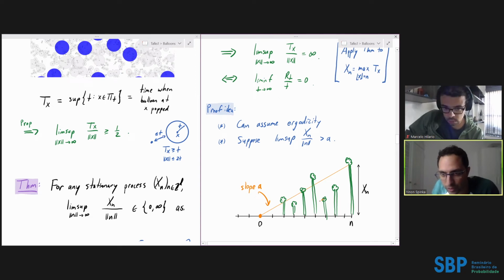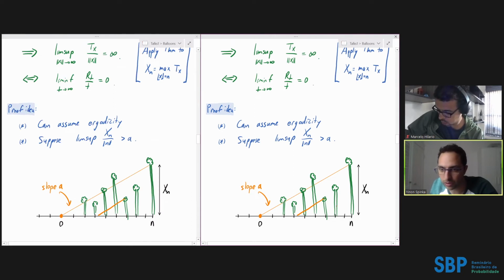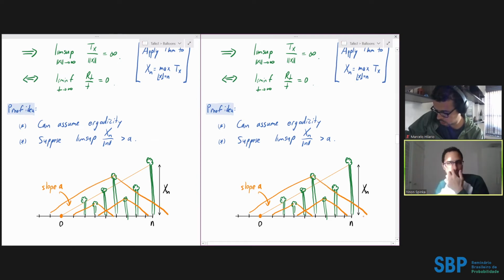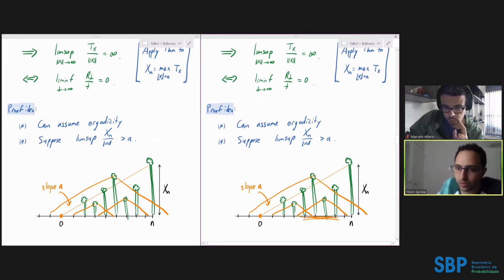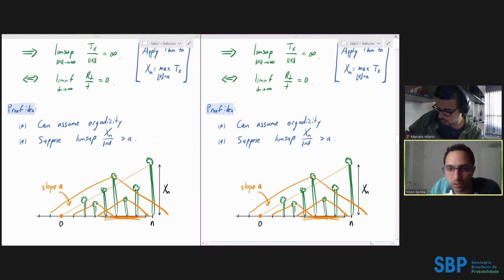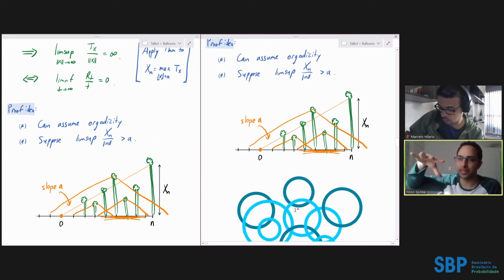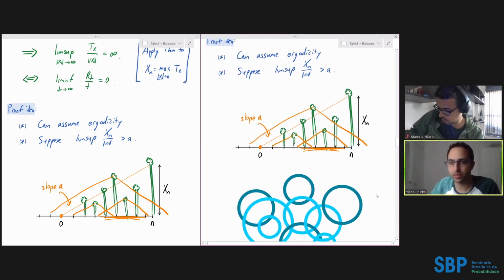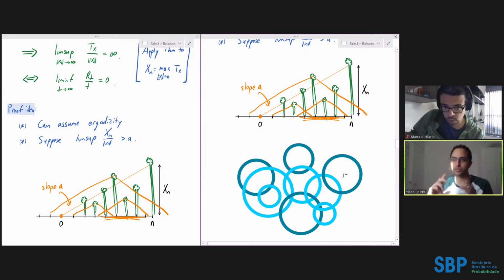Now if we take the treetops and draw cones of slope A, and look at the base of these cones, let me go to a two-dimensional picture looking from the top. In two dimensions, the bases of the cones are circles or discs.